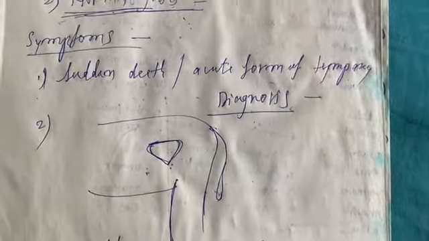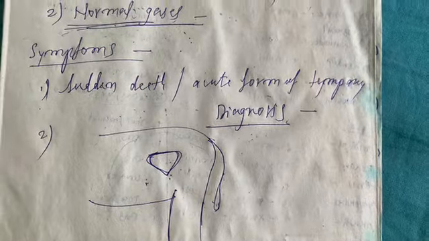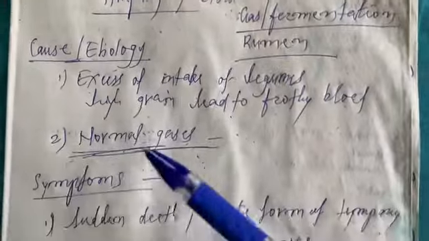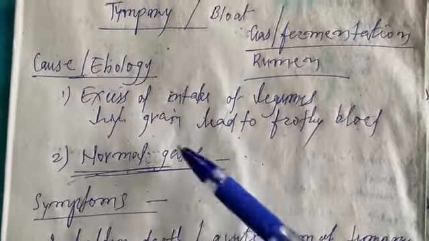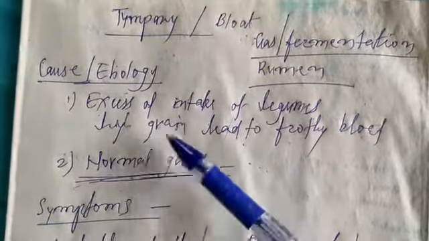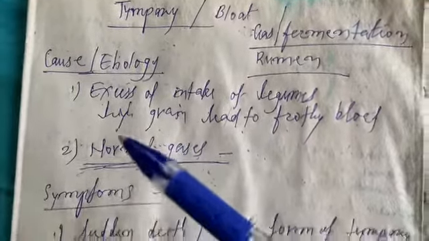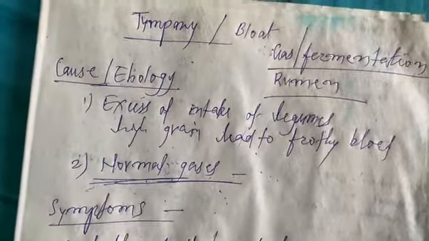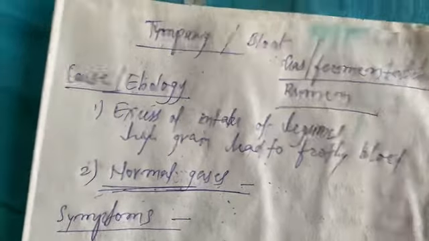Control measures: as we have seen the different causes of this disease, when we control the causes of this disease, then definitely it will become very easy to control it. Okay.